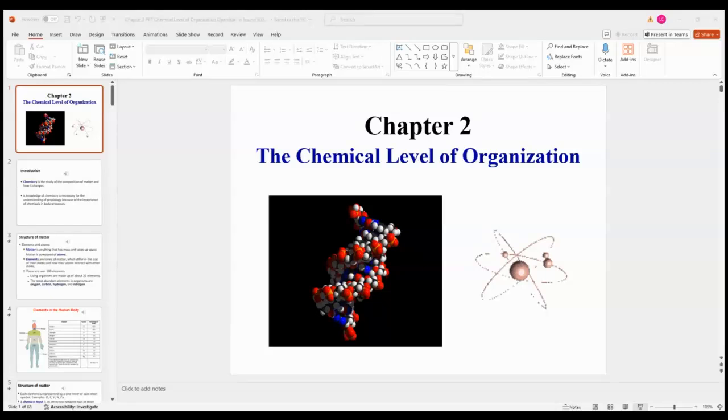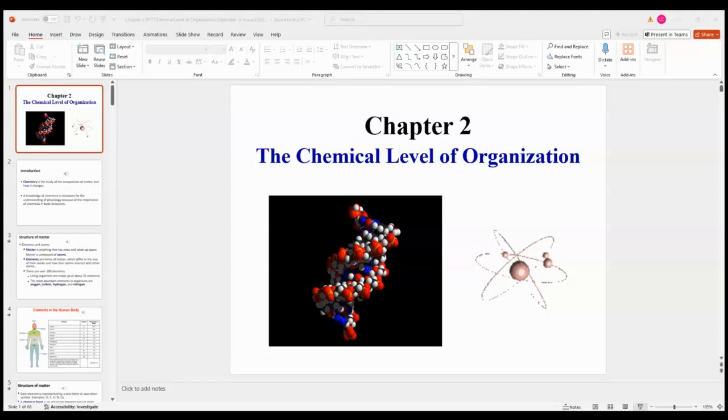Why would it do that? It's because, again, opposites attract. This hydrogen atom has just one positive proton in its little nucleus. Oxygen has 8 positive protons, and because the negative electrons are attracted to the positive protons in the nucleus of either of these atoms, oxygen has more positive charge, so it's going to attract these shared electrons more.